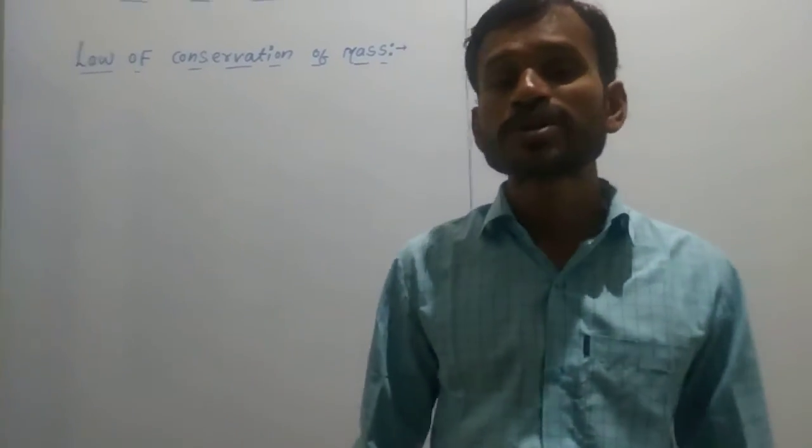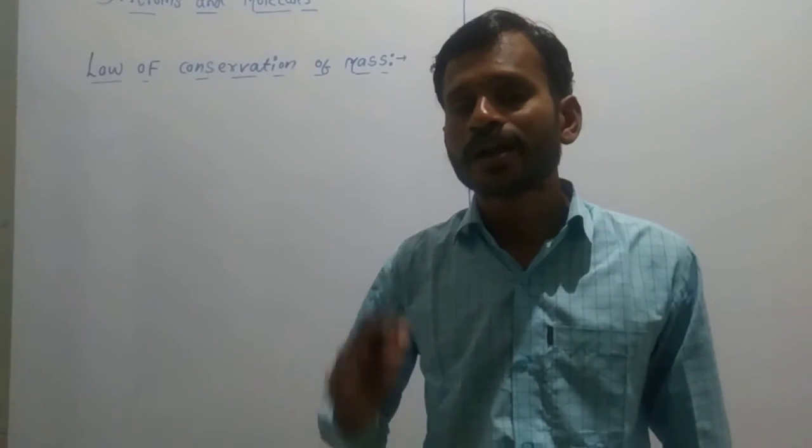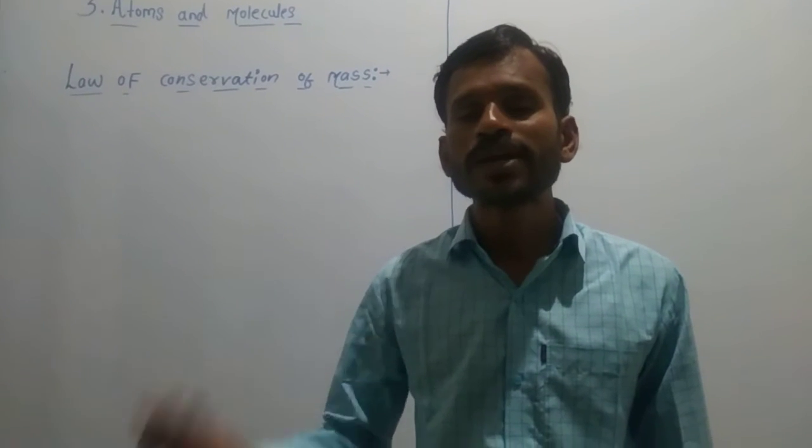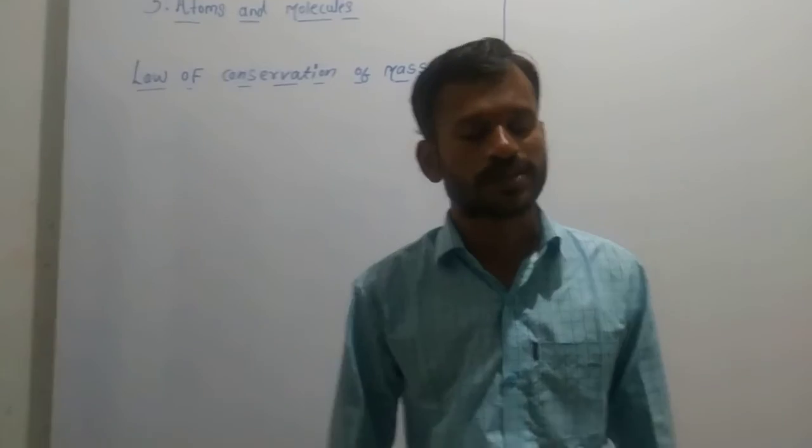Actually, we can simply state the first statement of the law of conservation of mass like the statement of the law of conservation of energy. The statement is that, as we know, energy can neither be created nor be destroyed. It is only converted from one form to another. That is, the total energy remains constant.